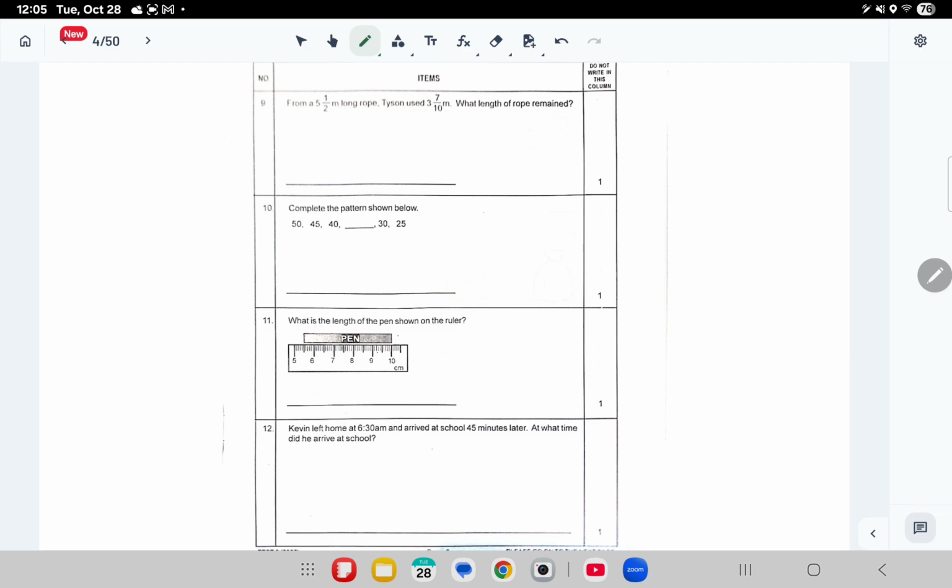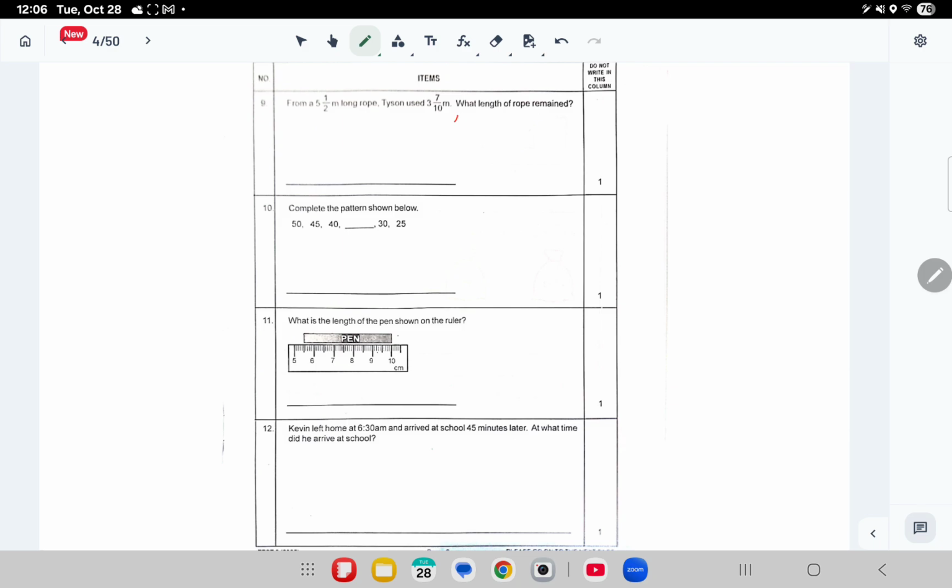Number 9, from a 5 1/2 meter long rope, Tyson used 3 7/10 meter. What length of rope remained? So to calculate remainder, we know that we need to subtract. So basically this question here is subtraction of mixed numbers.